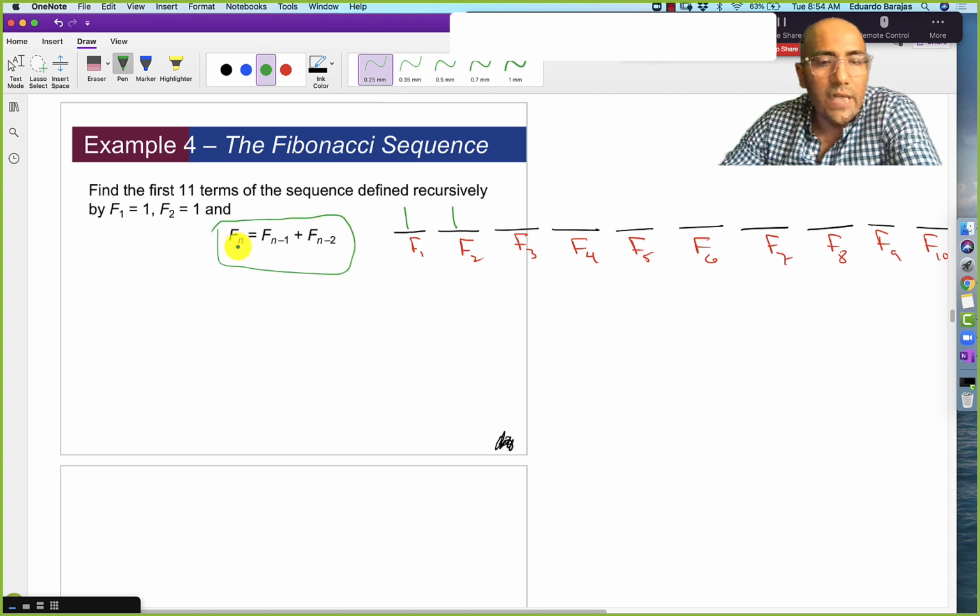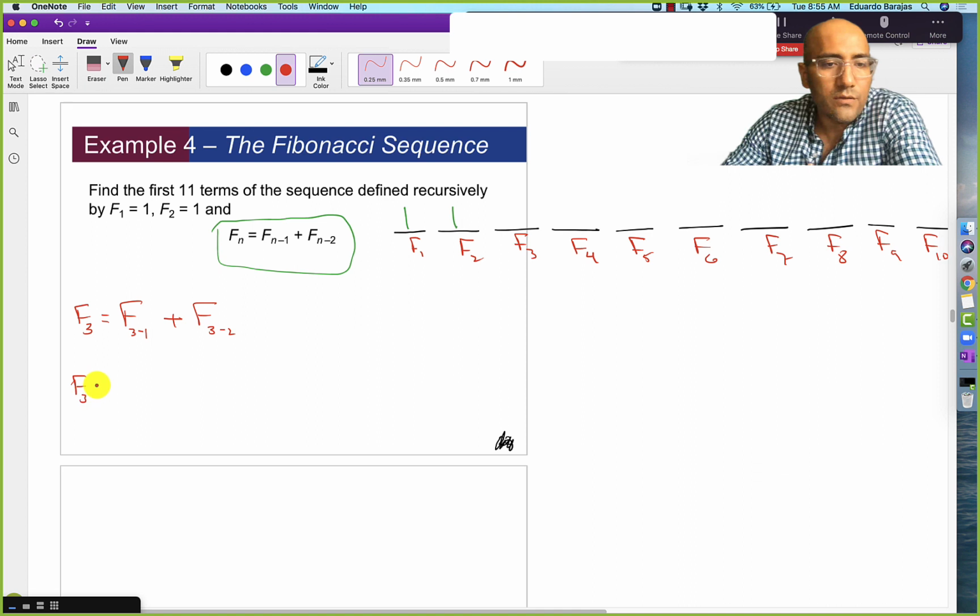Okay, so here is the recursive formula given for the nth one. The nth one is described by taking the n minus 1th value, and the f of n minus 2th value. So the one that comes right before it and the one that comes 2 spots before it. That's what that means, right? So, for example, f of 3, where n equals 3, is equal to f of 3 minus 1 plus f of 3 minus 2.